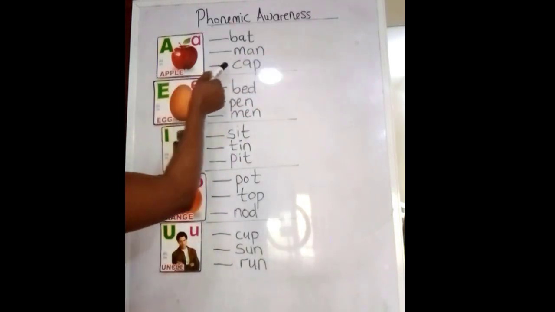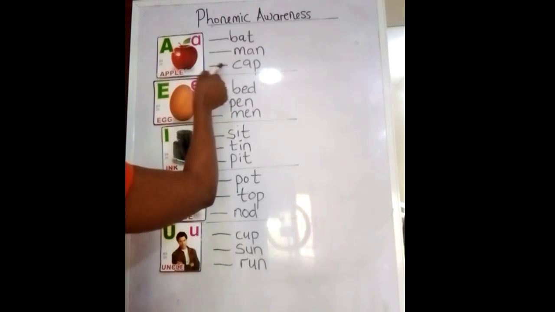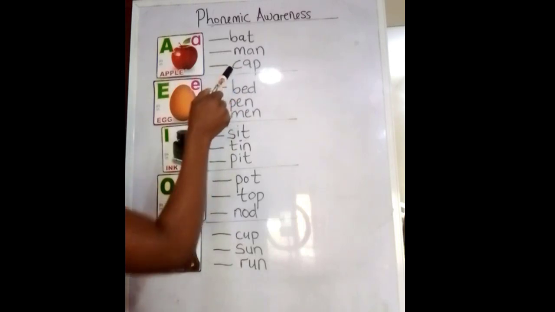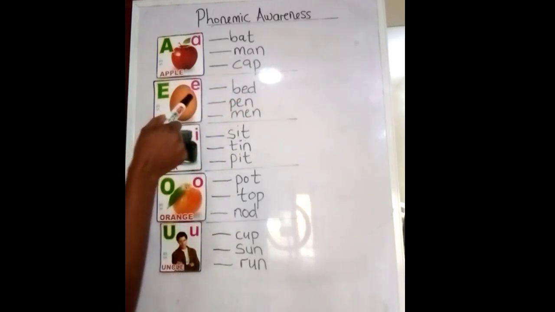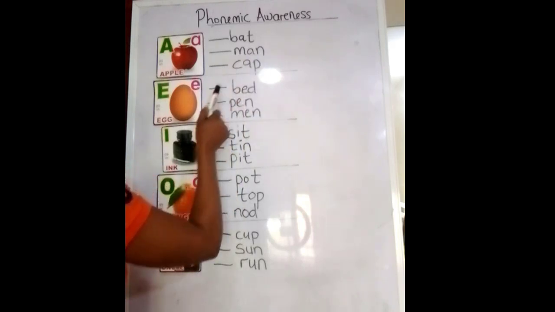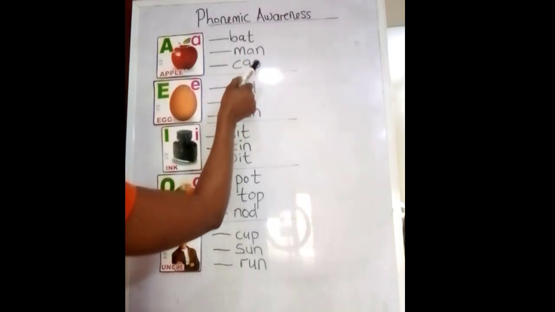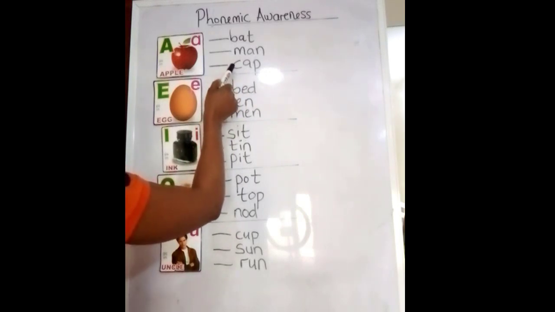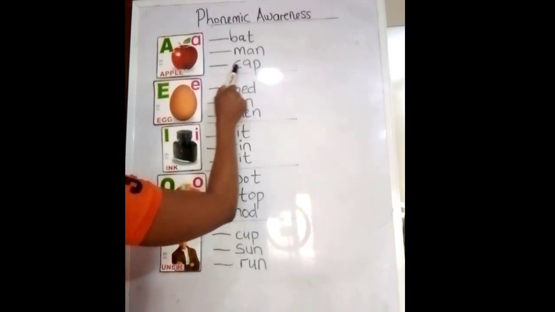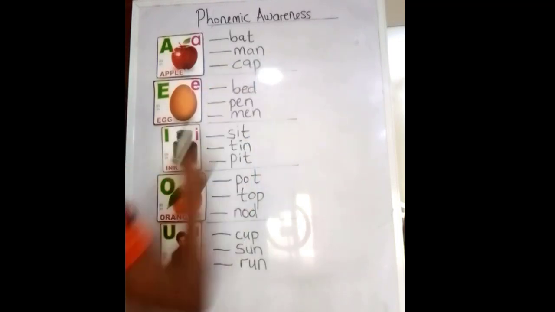Okay, and the last one here in this category is cap. Remember that C, we said, makes the sound K. So we have K, A, P, this letter P makes the sound P. We combine it, it forms cap.